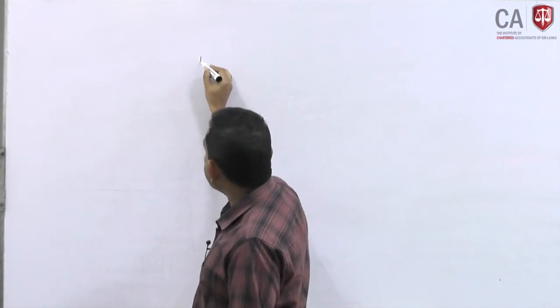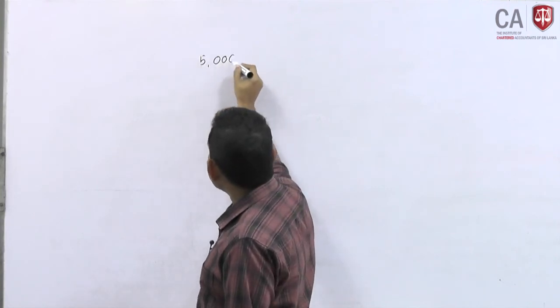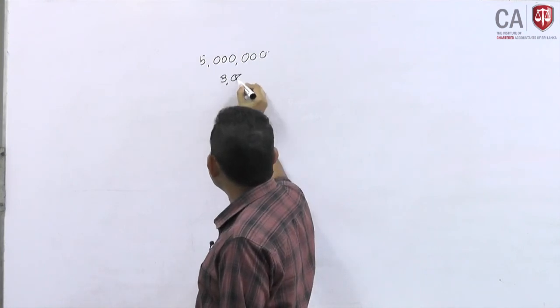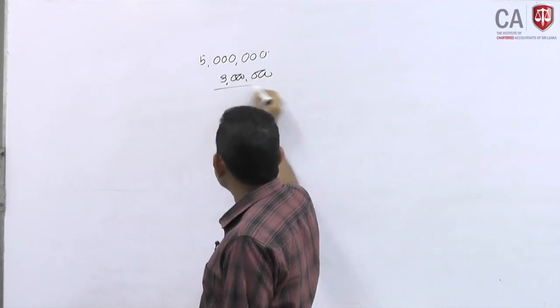Now, what about you receiving a grant for a non-depreciable asset? In my previous example, we received 3 million rupee grant for a depreciable asset which had a value of 5 million rupees.